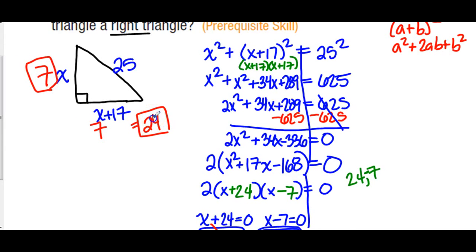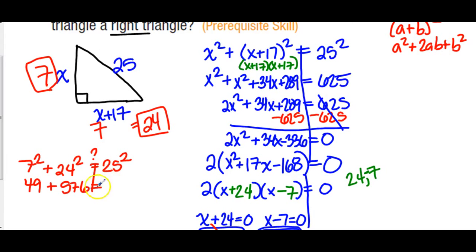So let's check this answer in the Pythagorean theorem. Is 7 squared plus 24 squared equal to 25 squared? So we get 49. 24 squared is 576. And then 25 squared from what we did before, we know is 625.